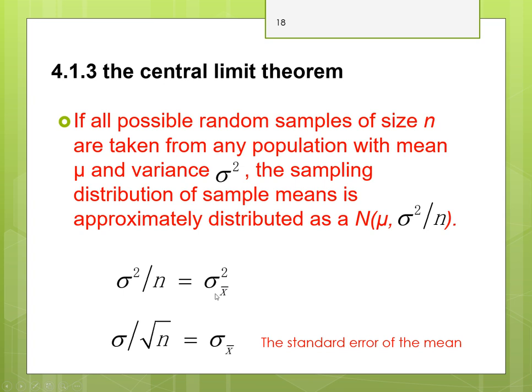The variance of X bar equals sigma square divided by the sample size n.